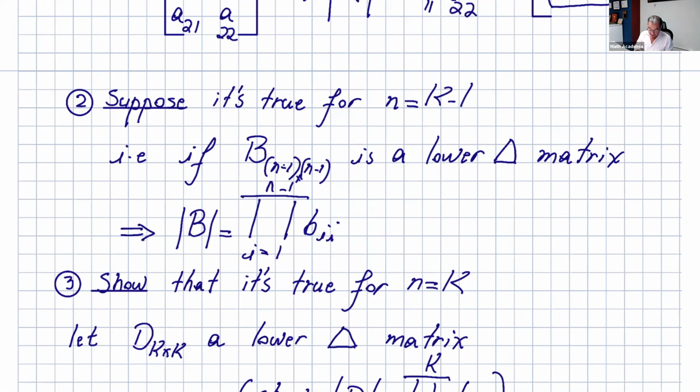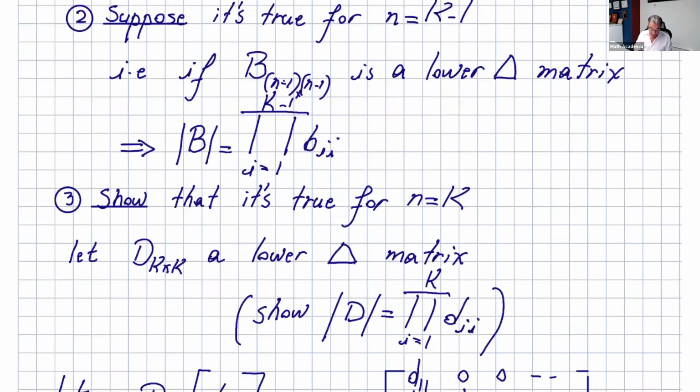It doesn't matter if you say n minus 1 or k, while n equals k minus 1, we can just put k minus 1. These are the entries in the diagonal. Basically, you take the entries in the diagonal and multiply them and you get the determinant, and we suppose this is true.